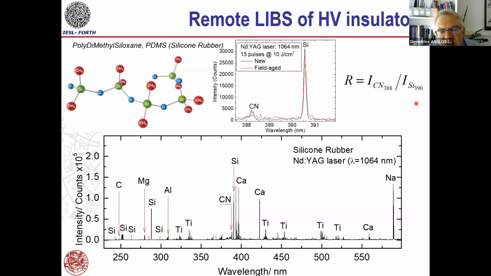When this indicator drops, and we observe this in aged insulators and so on, that indicates that the silicon rubber has actually lost its insulating capacity.